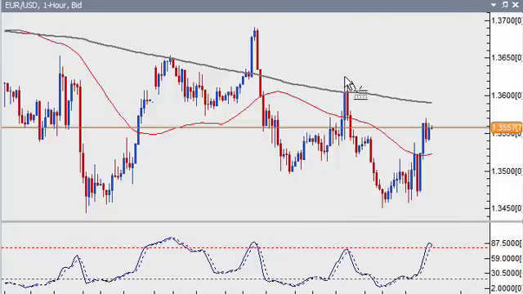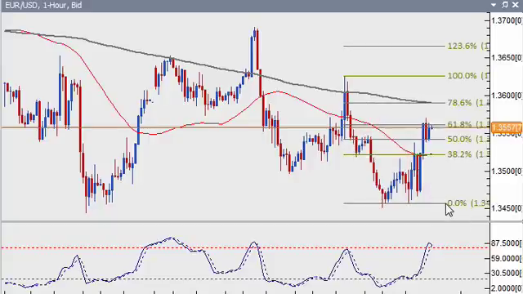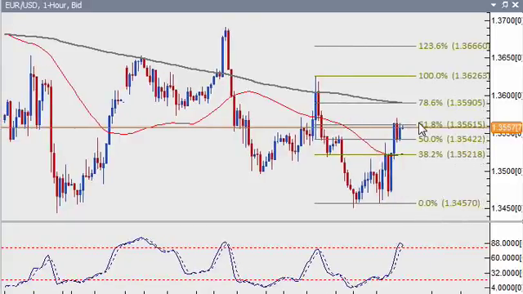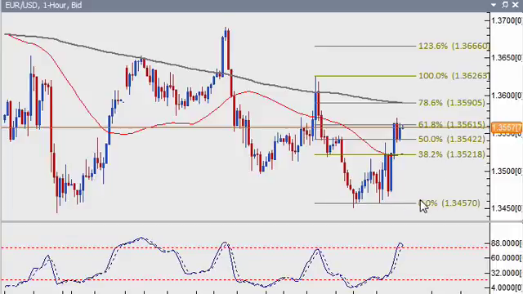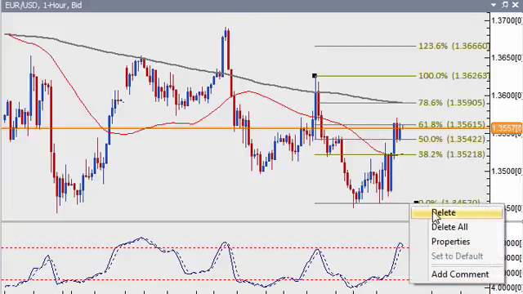You see that the market right now is at a 61.8%, so we could go up to 1.3590, around 78.6%, and we might see some topping action here, and a decline from there should retest our low here at 1.3450 for a conservative target.